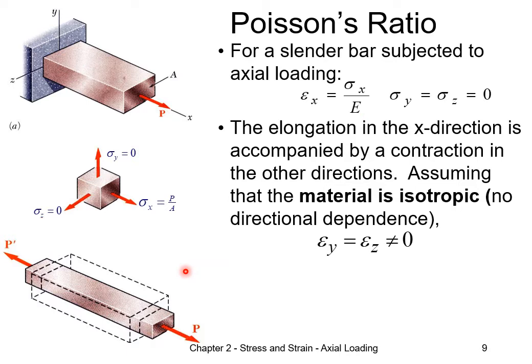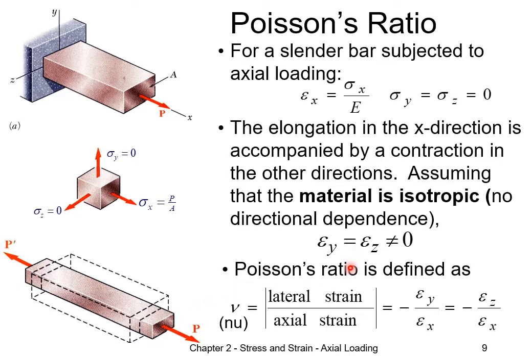However, when we have material gain in the x direction, there needs to be material loss in other directions. As a result, there will be contraction in the other directions. This means that the strain, or change in dimensions, in other sections is non-zero. We can define a parameter known as the Poisson ratio, which defines the lateral to axial strain.